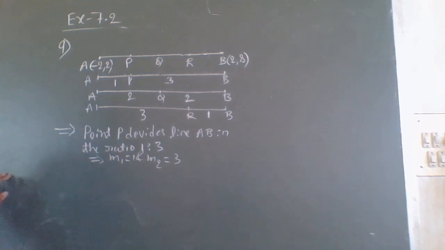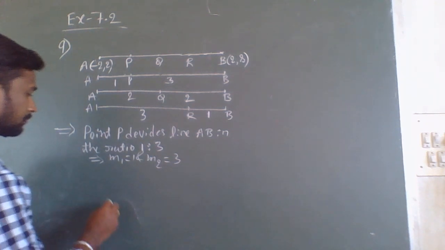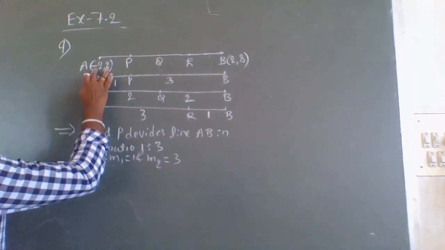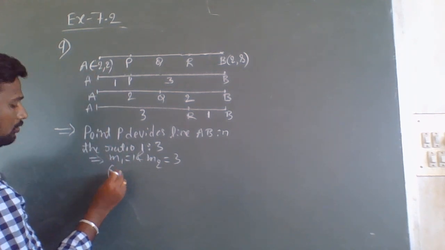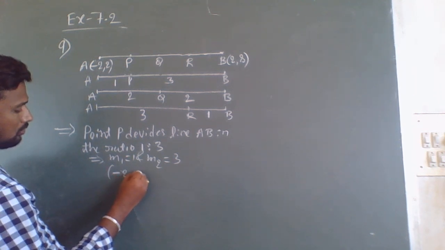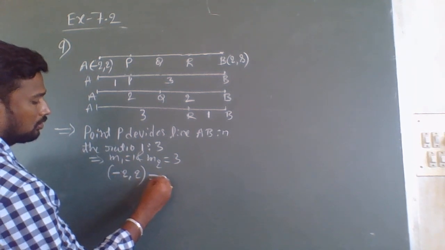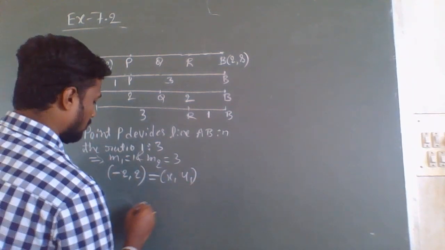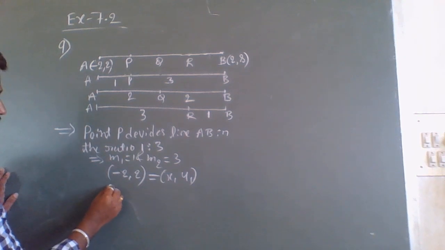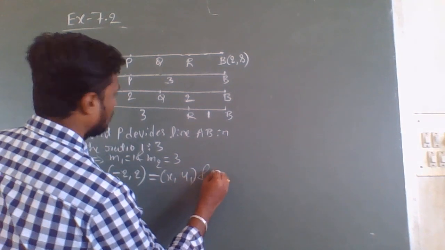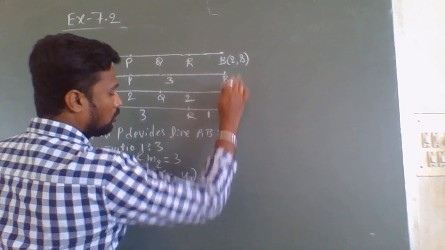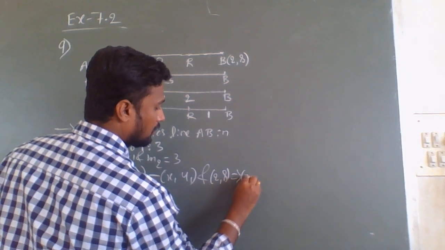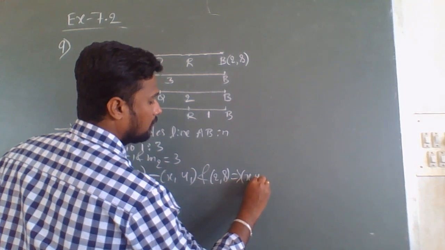Okay. So now what we can write here again? Write x1, y1 value minus 2 comma 2 considered as x1, y1 value, and this x2 and y2 value 2 comma 8 considered as x2, y2 value.